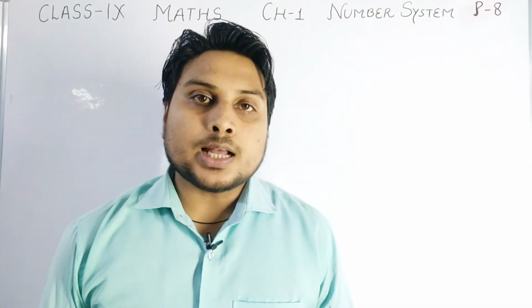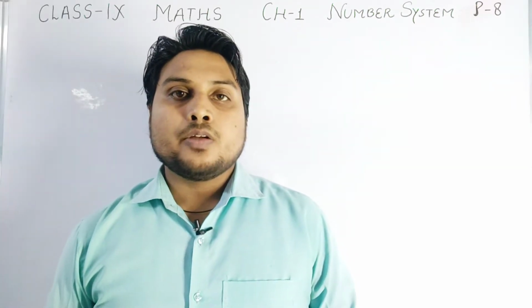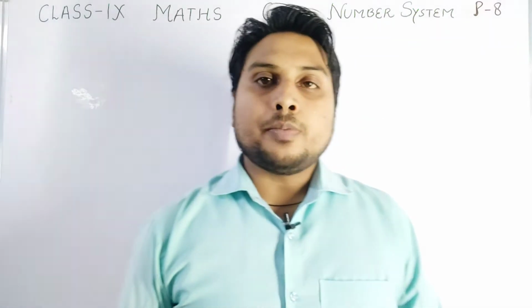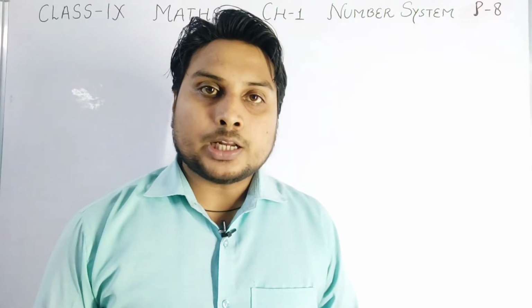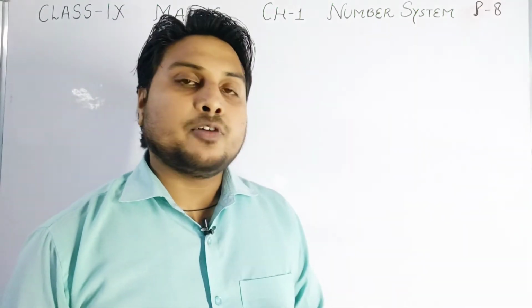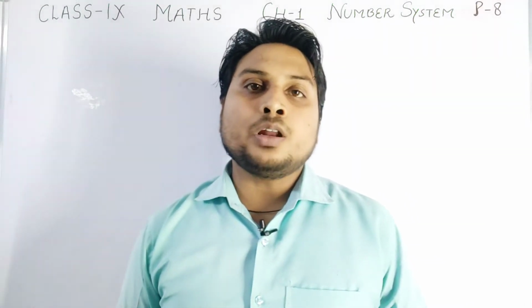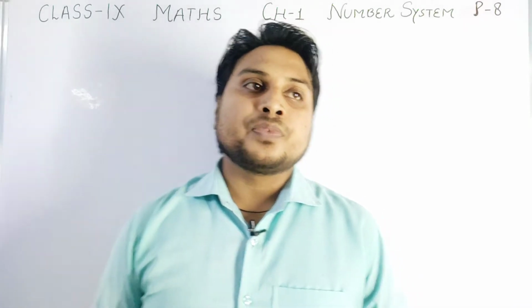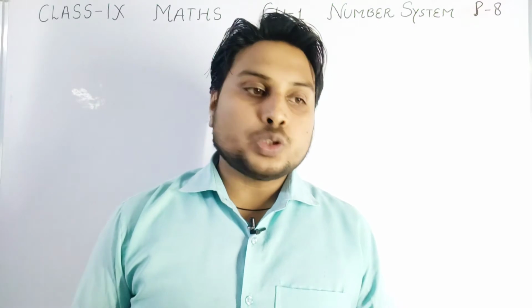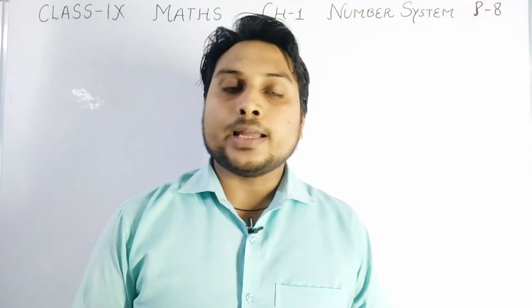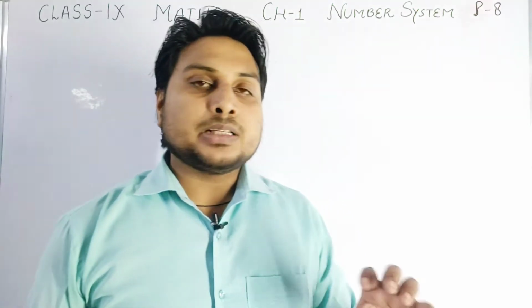So students, in the last part, we studied how we can prove any rational or irrational number if they are in the form of addition, subtraction or product. Then we learned how we can show any real number on the number line, meaning decimal form.